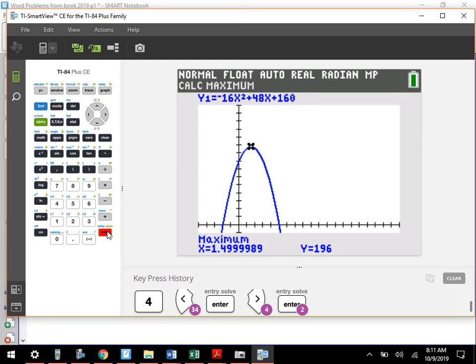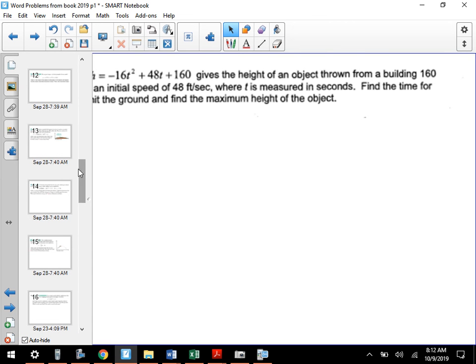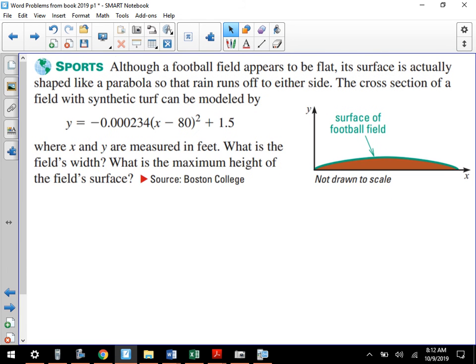I'm on page 5 here, ladies and gentlemen, with sports, talking about the curvature of the football field, soccer field, and why it's pitched like that.